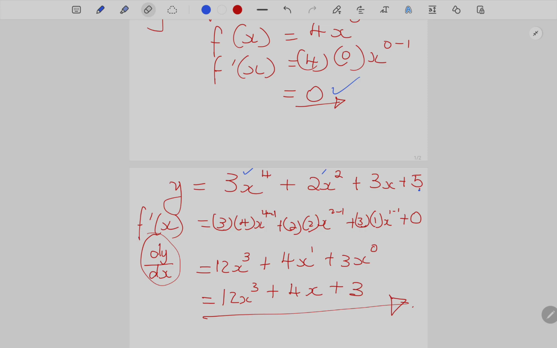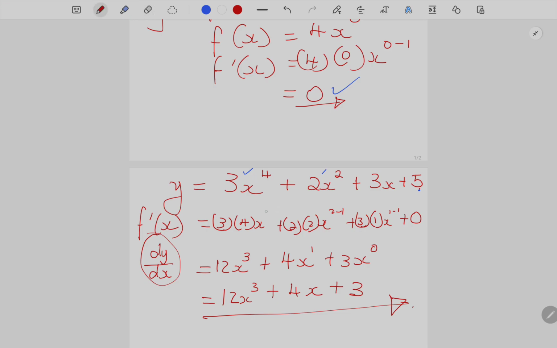Then f prime of x, because when you look at this, it is already written in standard form. It's going to be 3 times 4x to the power 4 minus 1. Let me rewrite this to be clear.